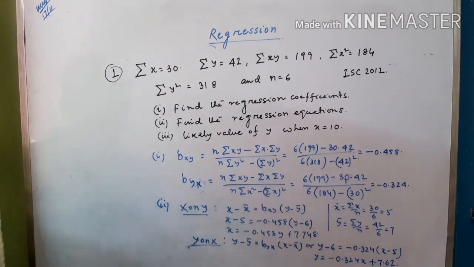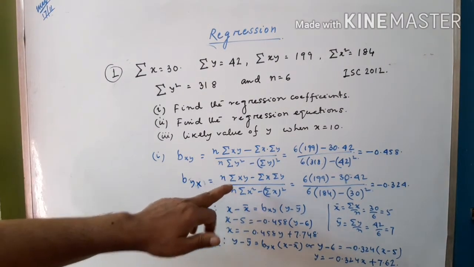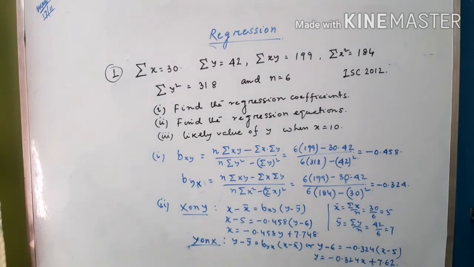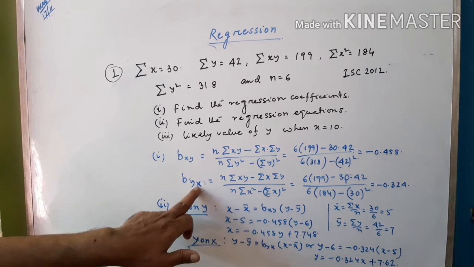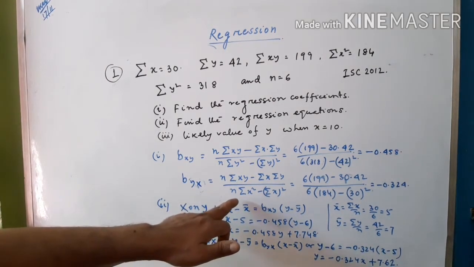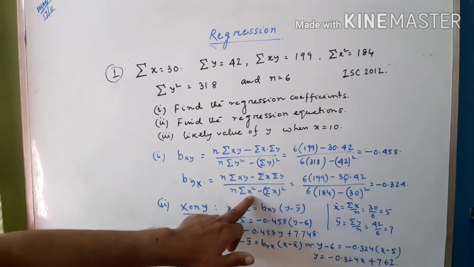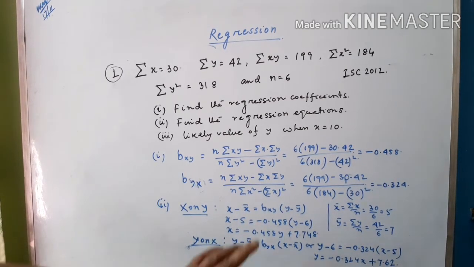So byx has the same numerator, n into sigma xy minus sigma x into sigma y, and x is in the denominator, that is the variance of x, which is calculated by using the formula n sigma x square minus sigma x whole square.